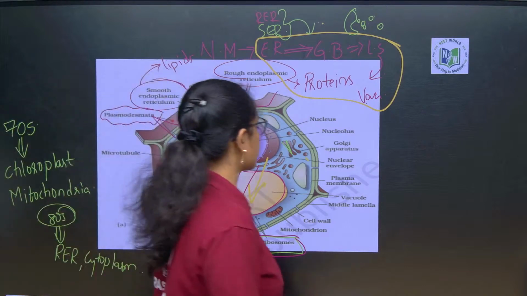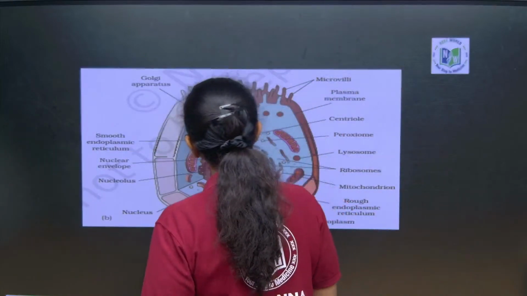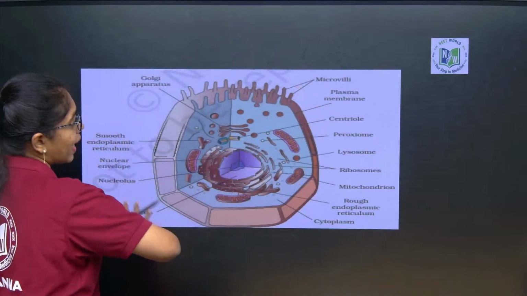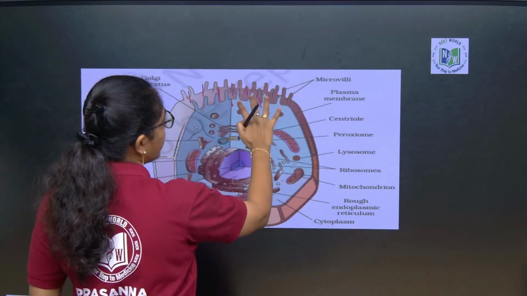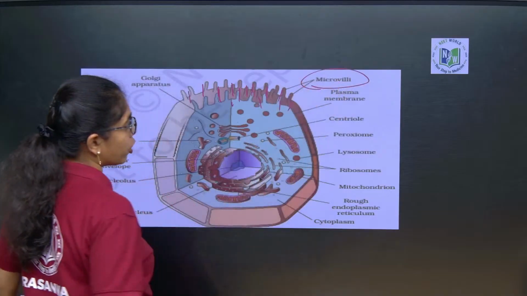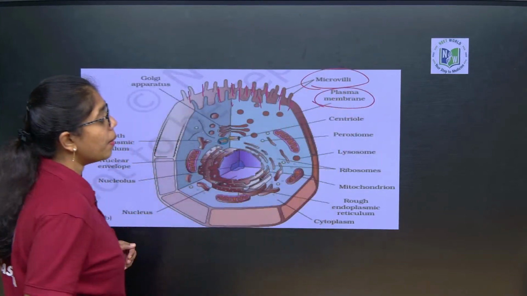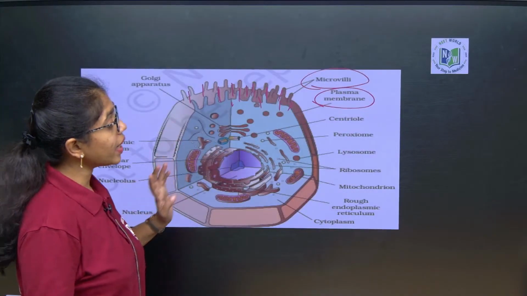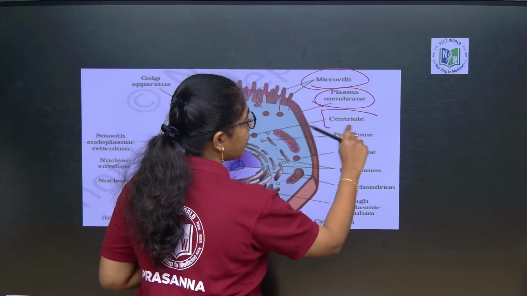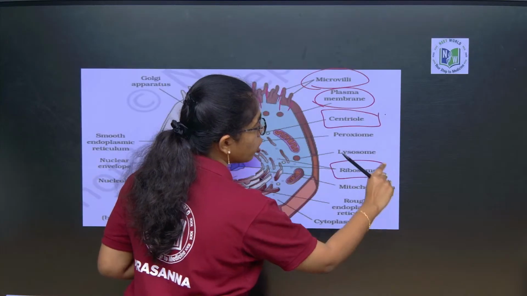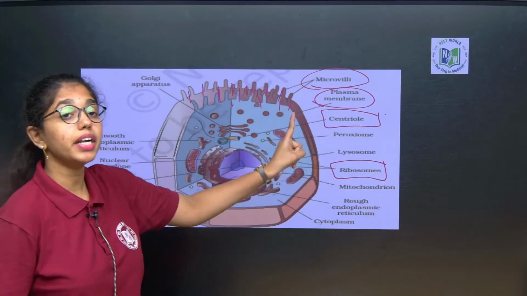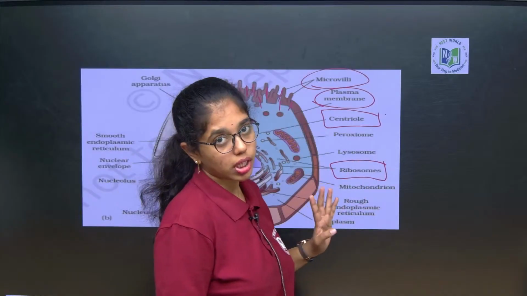Fine. Next, when it comes to animal cell, these are small microvilli projections, and their limiting boundary is a plasma membrane. They have membrane bound organelles, including centrioles and ribosomes. Centrioles are absent in a plant cell. Many times it is asked, beta.